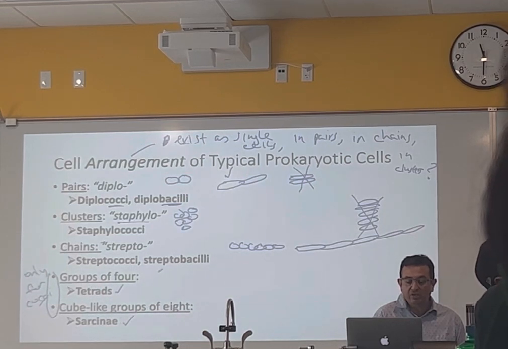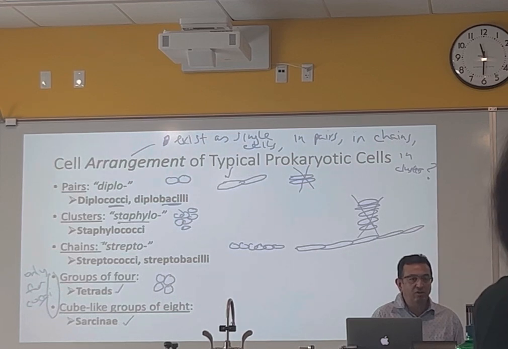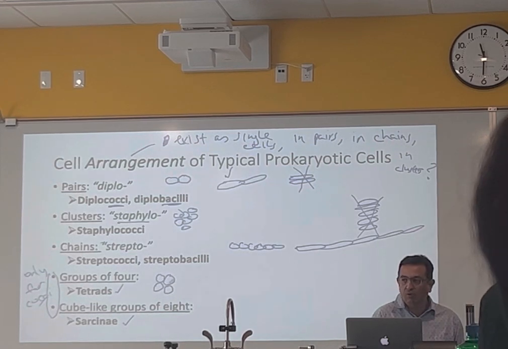The tetrad is a group of 4, arranged in a nice little square. The sarcinae is similar, but doubled. Instead of a group of 4, you have a group of 8 because they are stacked, two tetrads stacked.